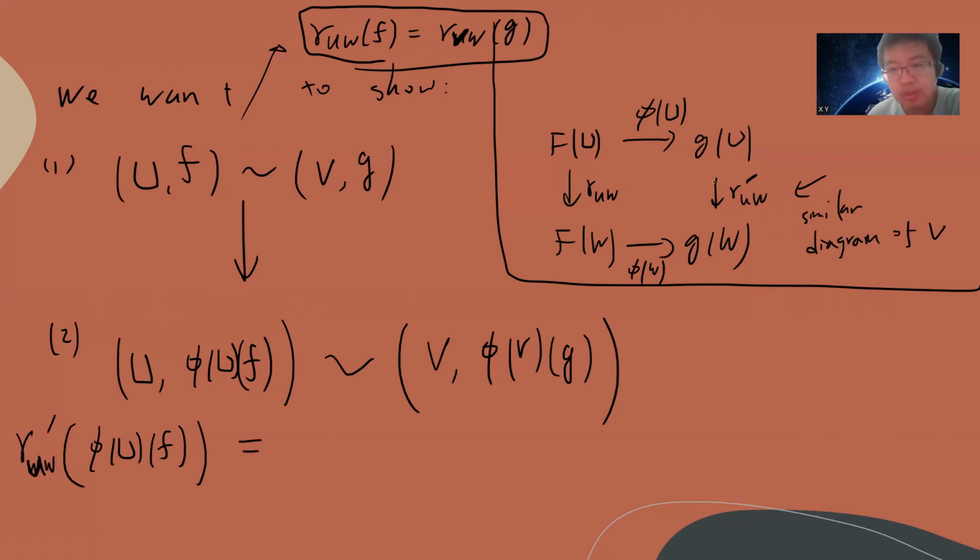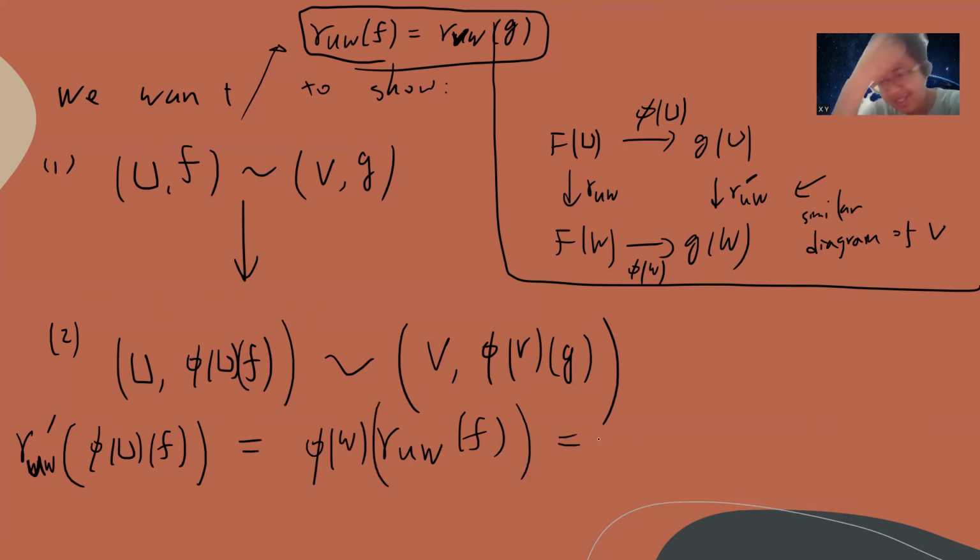By the commutative diagram, r_UW prime composed with phi_U is phi_W composed with r_UW, so I can change this map into r_UW acting on s, and then take phi_W. By definition, this is r_VW(s'). So I have phi_W of r_VW(s').